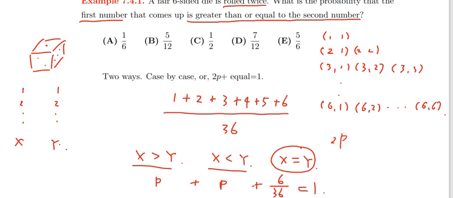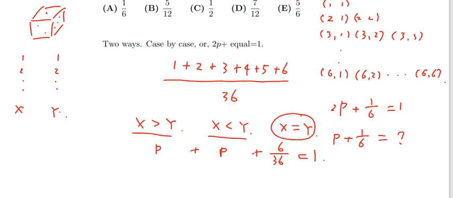So 2p plus 1 over 6 equals 1, and we can find p. So 2p equals 1 minus 1 over 6, which is 5 over 6. So p equals 5 over 12.